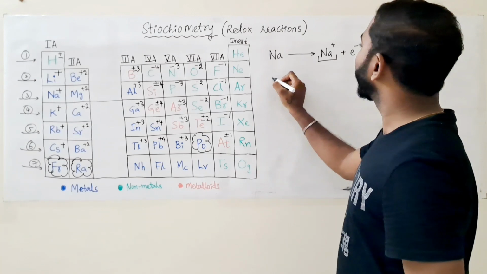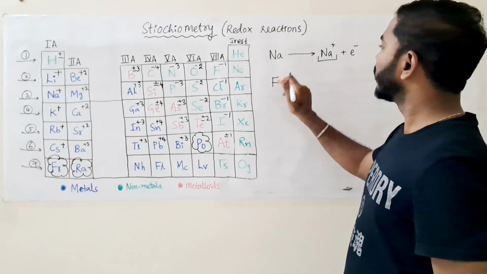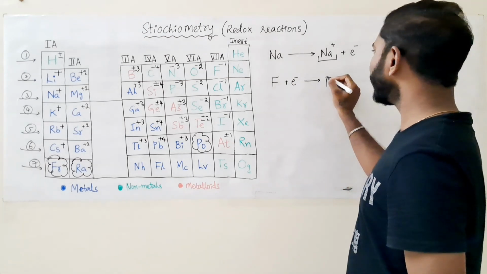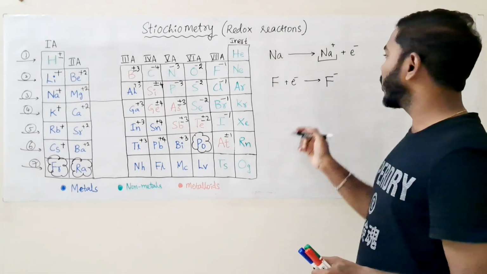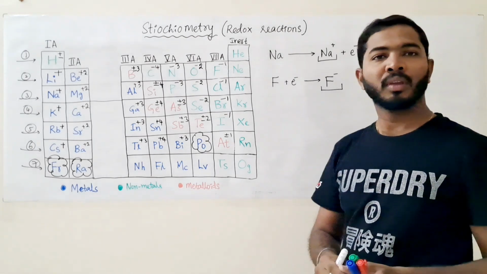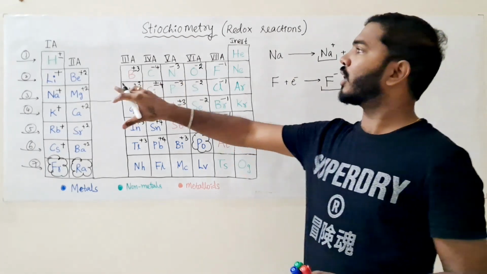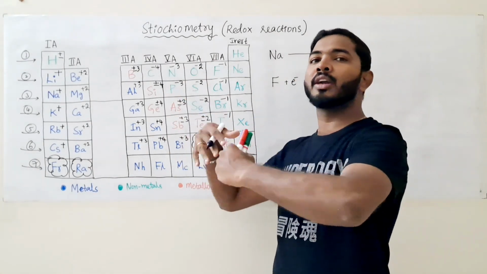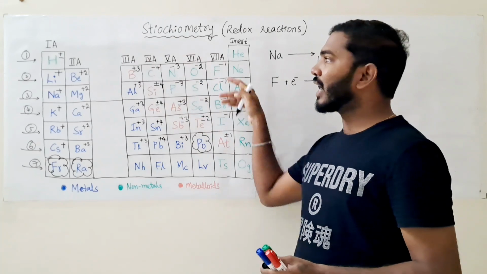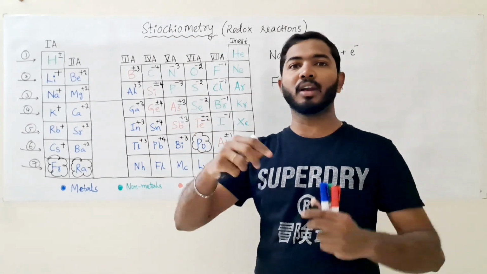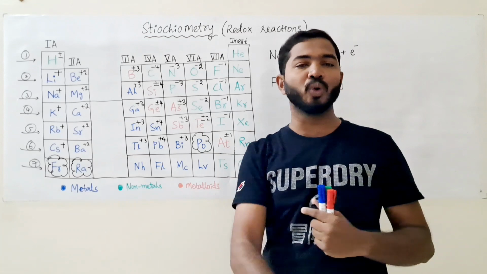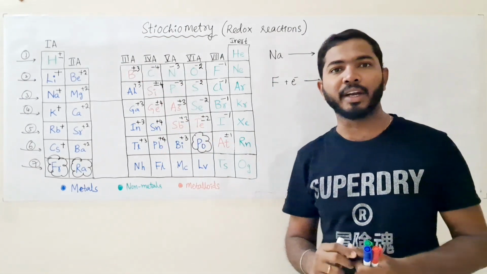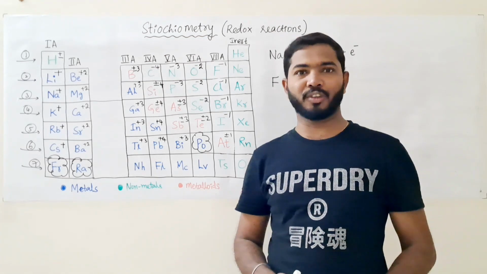Similarly, fluorine was a neutral atom, and by gaining 1 electron it becomes F-, which is an anion. So all these charges I have written only after considering their tendency to lose and tendency to gain electrons. Before these gaining and losing tendencies, they were neutral atoms.